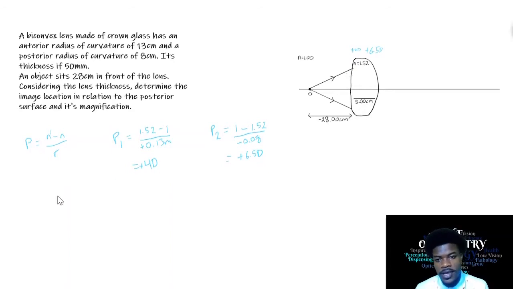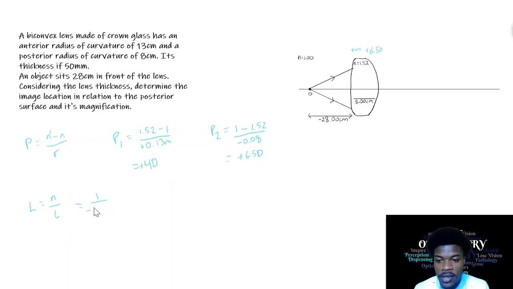And the next step, guys, what we can do here, we have our power. Actually, let's go into our object vergences. That's the next step right there. We can get our object vergence from the distance that we have already. So L is equal to n over l. N would be 1 over, remember, we're going to plug it in meters, but also remember minus 28 because we're on the left side of the lens.